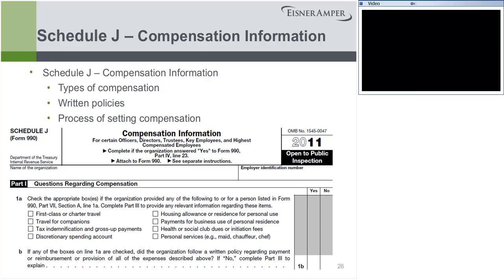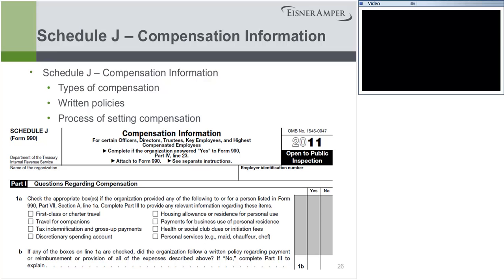So again, my hope is that they do fill this out because it tells me a lot more about how they compensate their employees, what types of perks and benefits they give to their employees, and the mechanisms they have in terms of reimbursement and setting compensation. There is a question within the core form that asks you very similarly, how do you set compensation? So you're going to see that information anyway, but it's asked again in Schedule J.